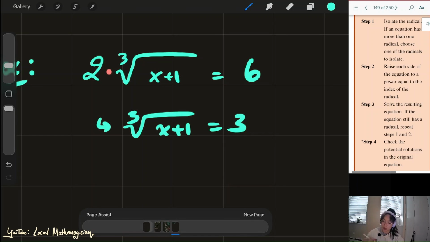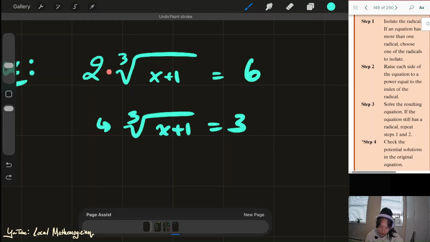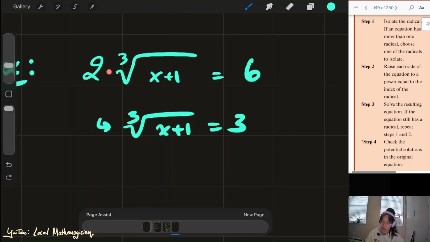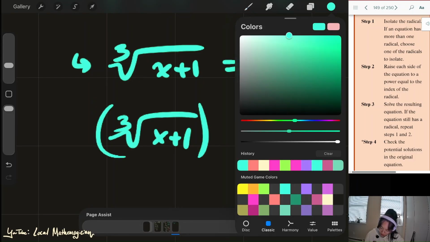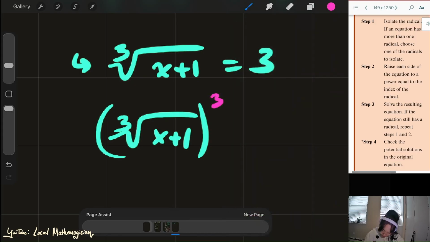Now it's isolated. We've done step 1. We're going to raise both sides to the power equal to the index of the radical, which is 3. It's because of this, not because of this. I shouldn't have chosen 6, but it's okay. Raise to 3 to cancel out this. So this is going to look like x plus 1 to the third is equal to 3 to the third.